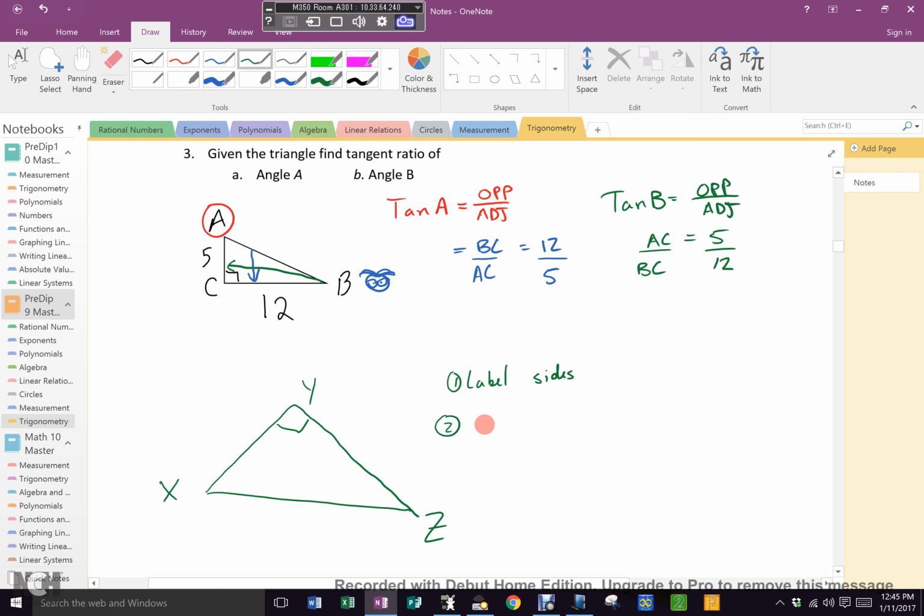Then number 2, I want the tan of both angles that I can use, because one of the 3 angles we're not allowed to do the tangent with. So, I'll let you think about it for a sec. Talk to your neighbor.